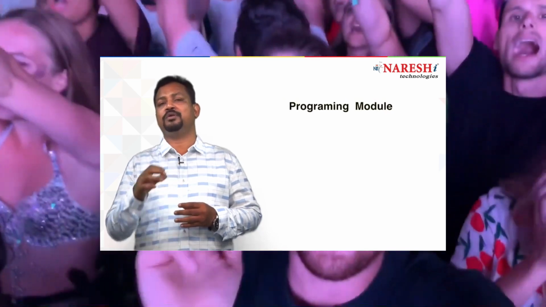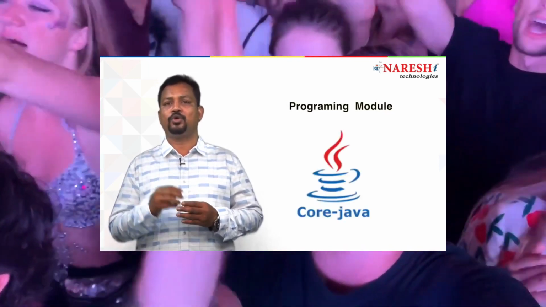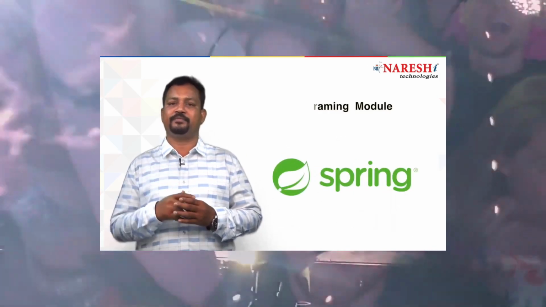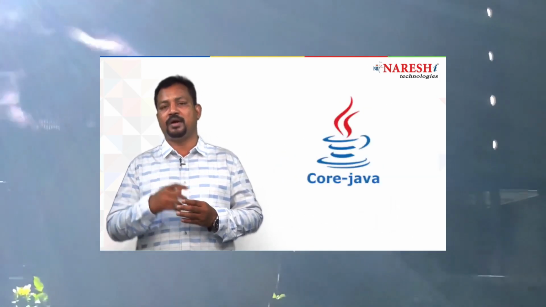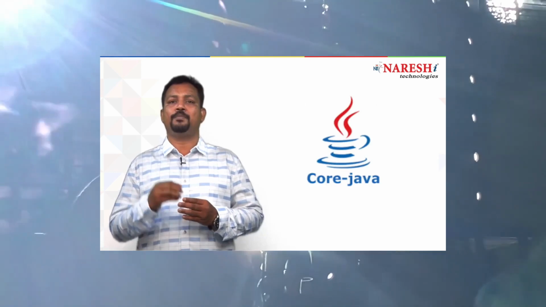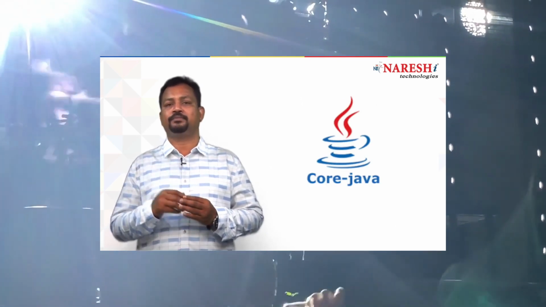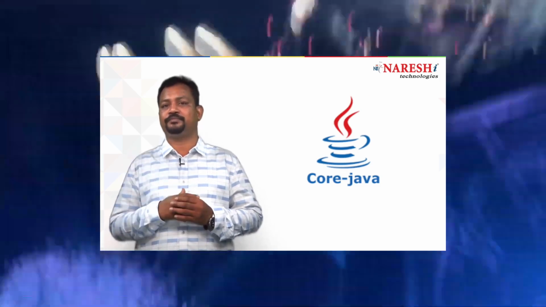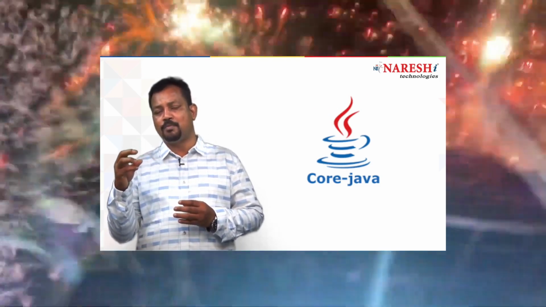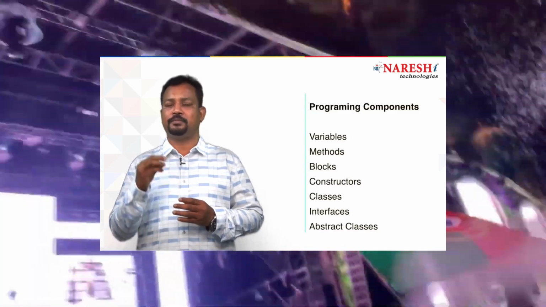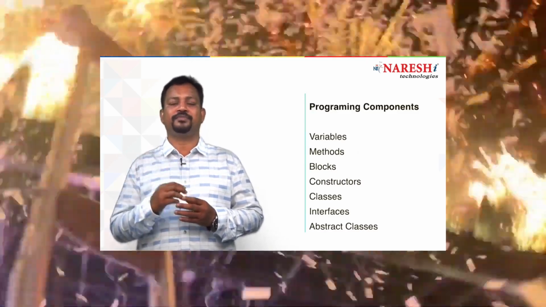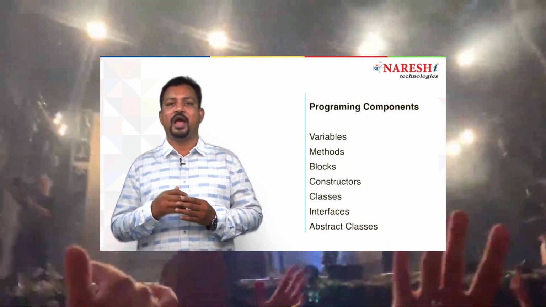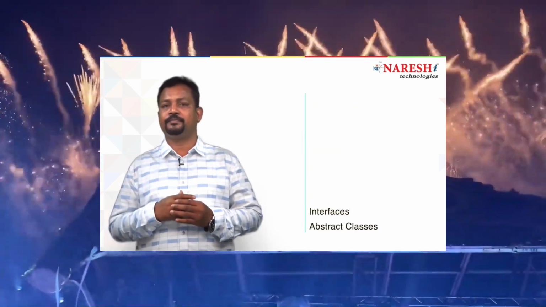Under the programming module, we have core Java, advanced Java, and Spring. Under core Java, we have programming components, programming concepts, and object-oriented features. Under programming components: variables, methods, blocks, constructors, classes, interfaces, and abstract classes.